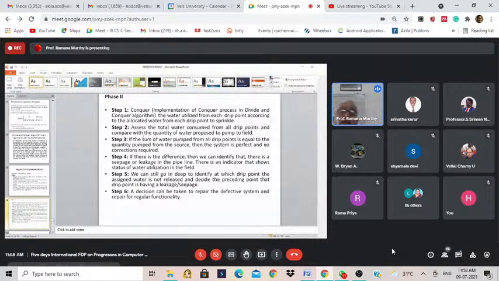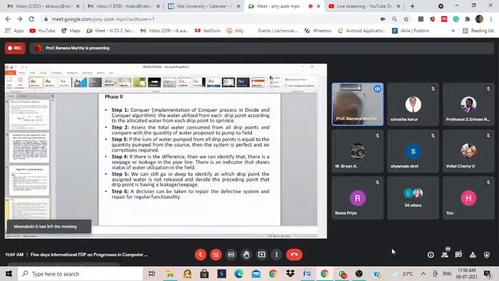Step 5, we can go in depth to identify at which drip point the assigned water is released, and decide on the preceding point. That drip point has a leakage or seepage, because here we use the logic that you adopt in writing the Fibonacci sequence: the previous term plus the current term will give you the new term.